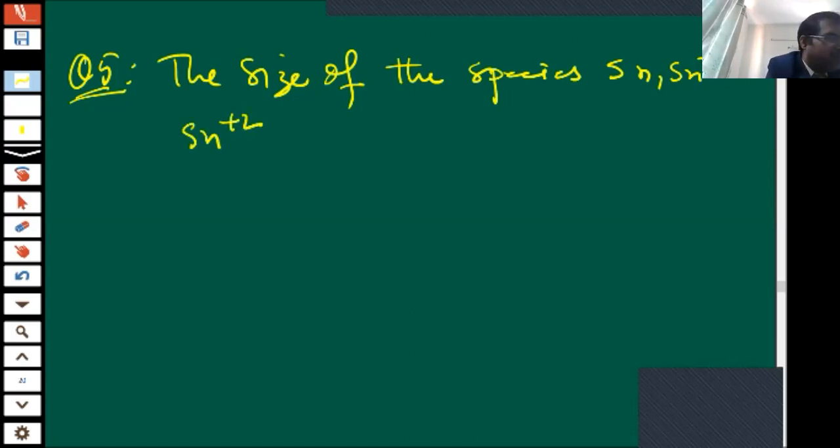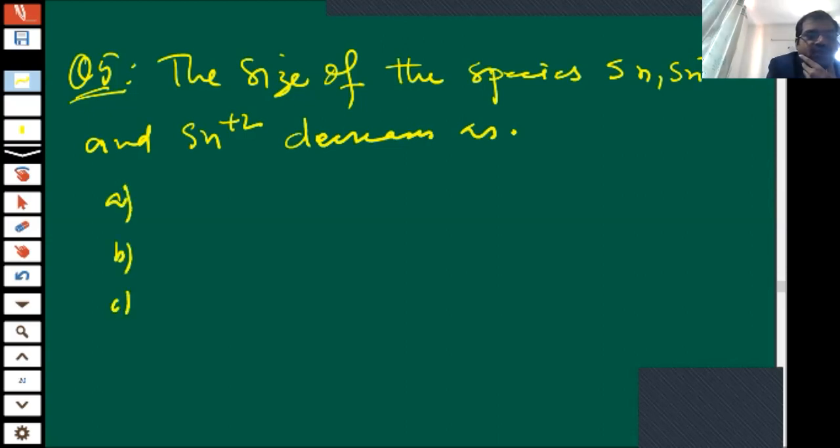Next question, question number 5. The size of species Sn plus 4, Sn plus 2, and Sn decreases as.